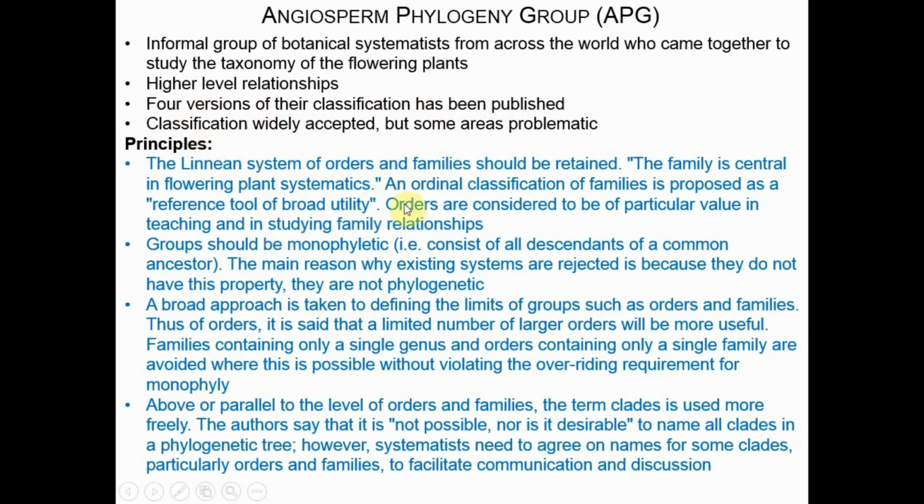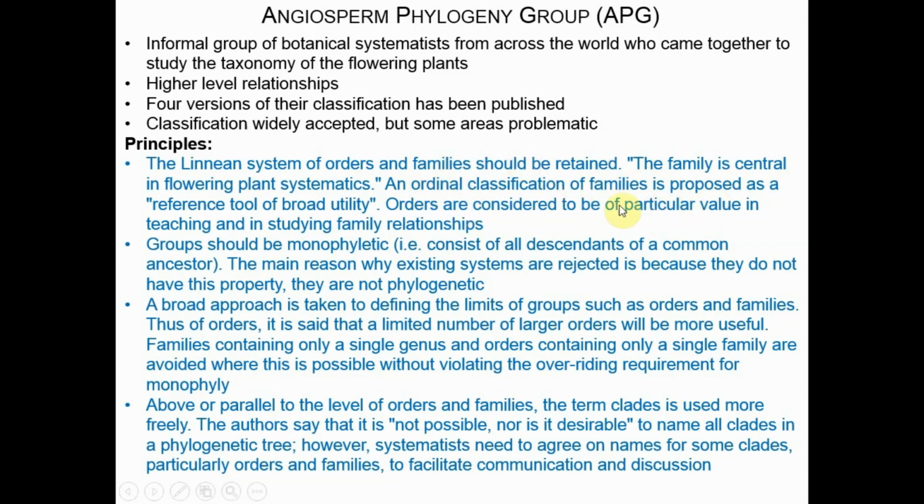So the principles here are that the Linnaean system of orders and families should be retained, and they follow Linnaean classification, meaning they follow the binomial, they follow the code of nomenclature in that we recognize families and orders, and they follow the suffixes that pertain to each of those.